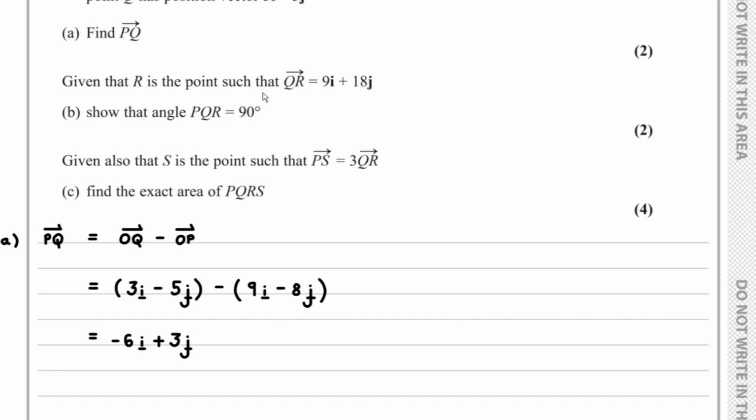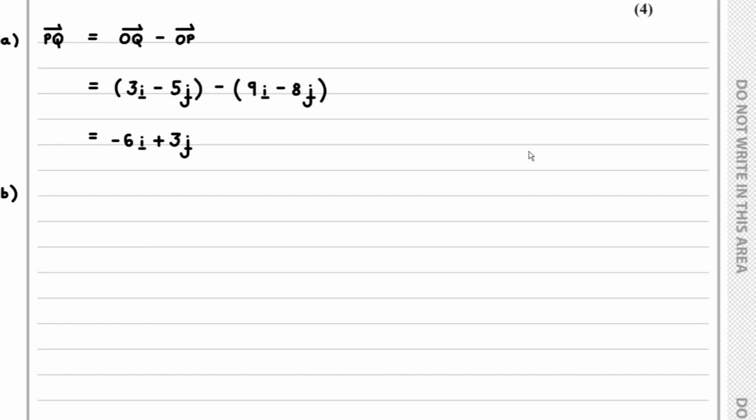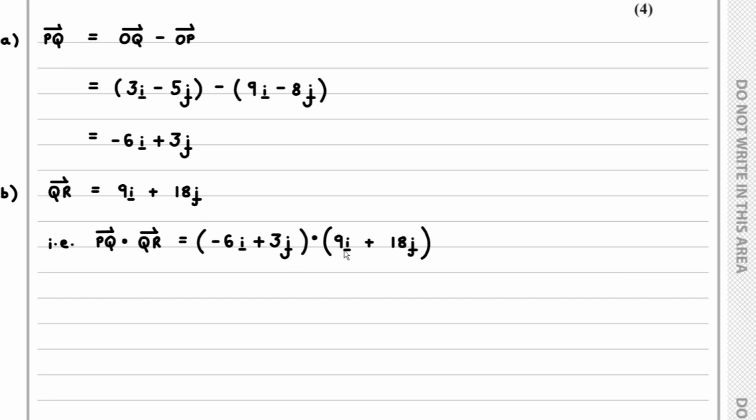Given that R is the point such that QR is equal to 9i plus 18j, part B, show that angle PQR is equal to 90 degrees. For part B, we know that QR is equal to 9i plus 18j, and to show that PQR is 90 degrees, we need to show that the dot product PQ dot with QR is equal to 0. So we have PQ, which is negative 6i plus 3j, dot with QR, which is 9i plus 18j.